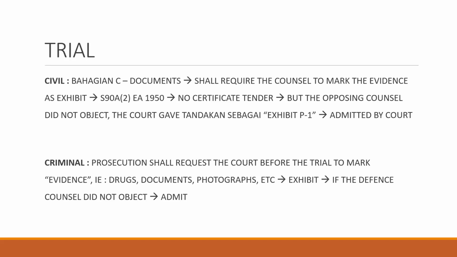Bundle C is the one that is worrying. So whenever things are marked as document C, the party that wants to rely on these documents must call the maker. Otherwise, it will be documentary hearsay. Documentary hearsay is not admissible.